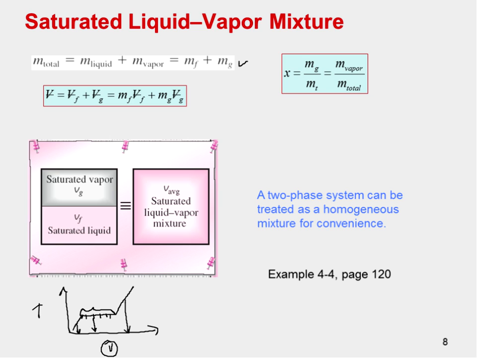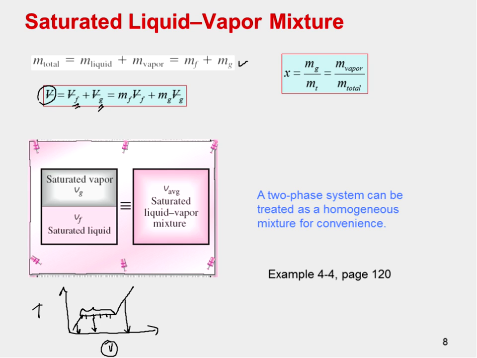So this expression is the first one you will need, how much mass of liquid and how much mass of vapor. Of course, this could be very complicated problems, but I just want to show you the basic problems that you might encounter as a civil engineer. And then this, remember that I'm using the bar to differentiate between what is velocity and what's volume. So this would be volume. The total volume of the mixture would be the volume of the liquid or compressed liquid, adding to that the volume of the gas.